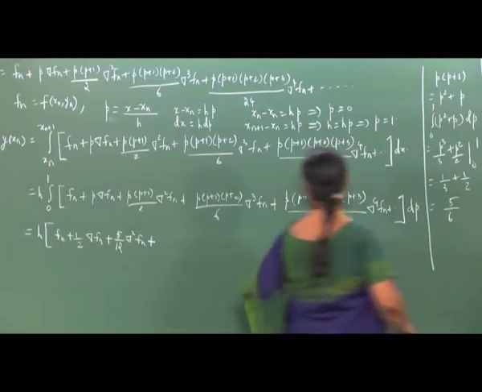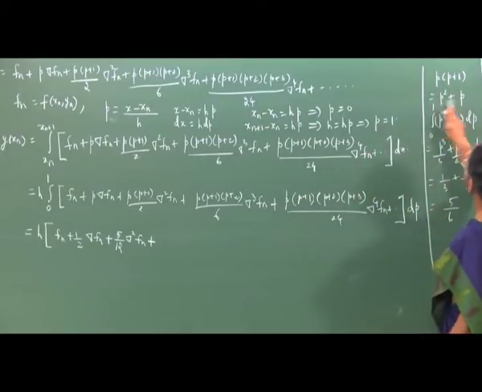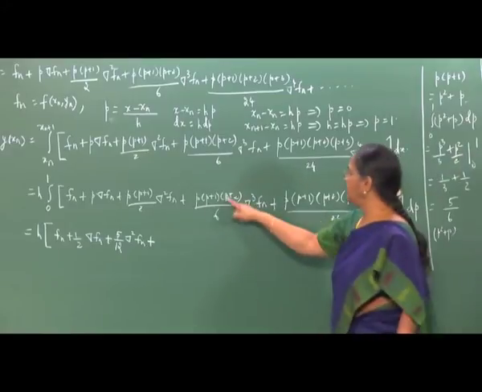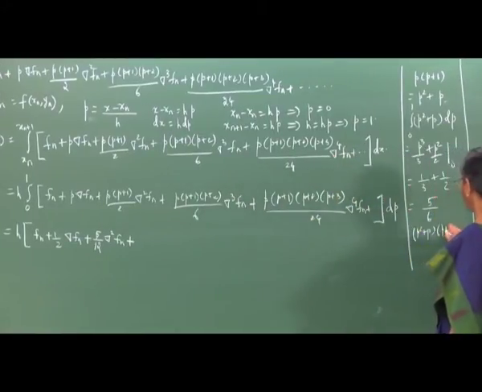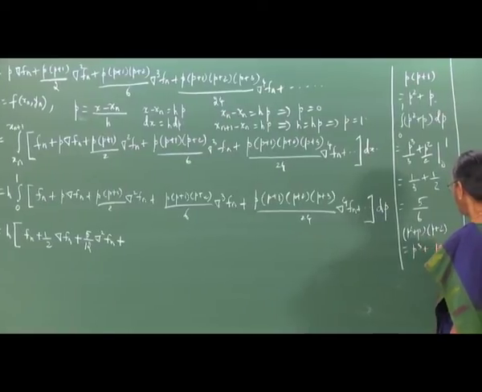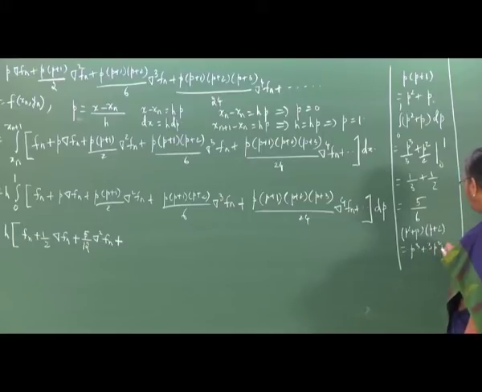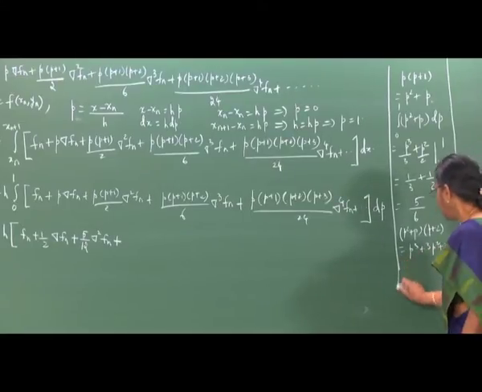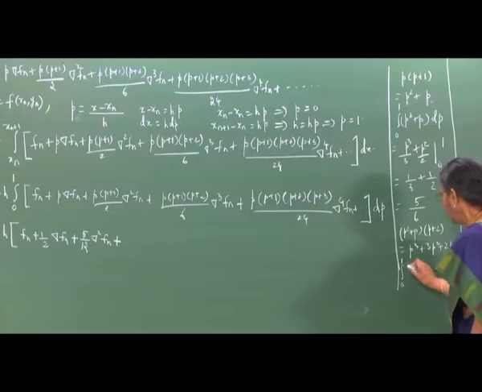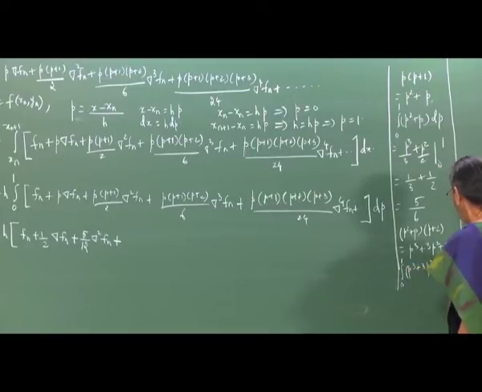Then the next term p into (p plus 1) is p square plus p, and that has to be multiplied by (p plus 2). So, that will give you p cubed plus p square plus 2p square. So, this will become p cubed plus 3p square plus 2p. So, I have to integrate this between 0 and 1 with respect to p.